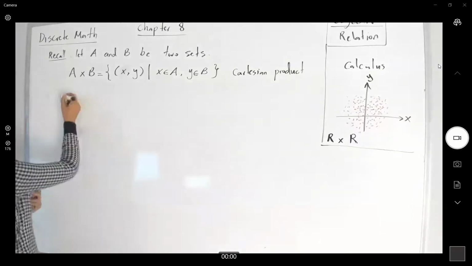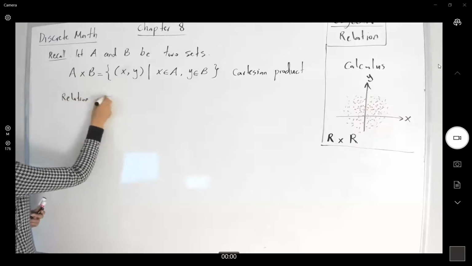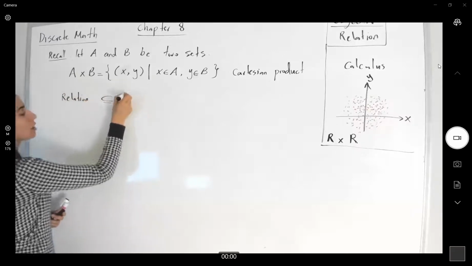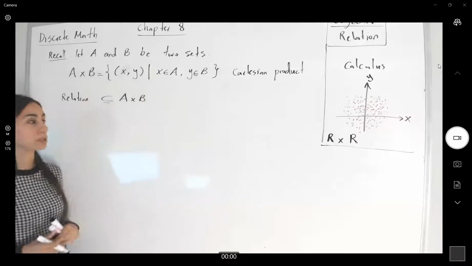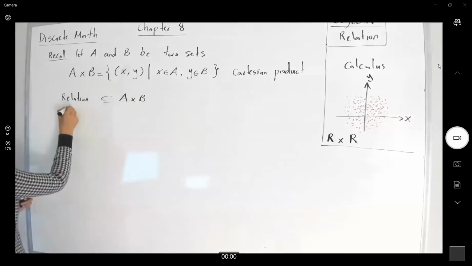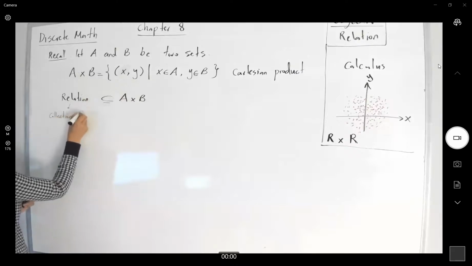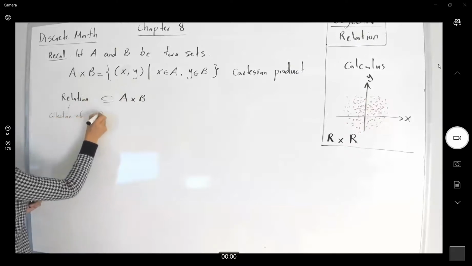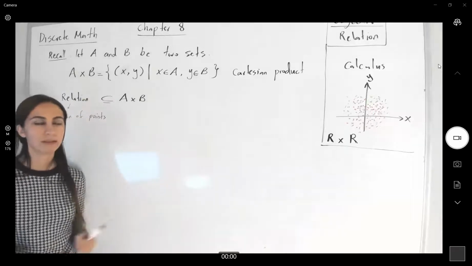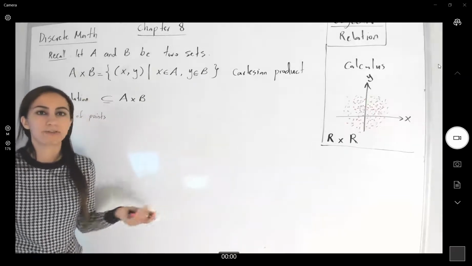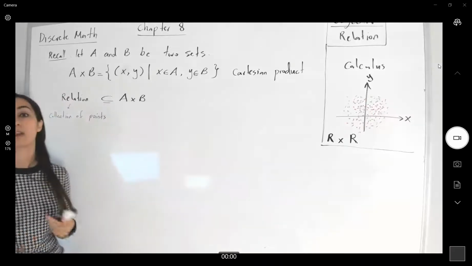So we said that a relation is a subset of the Cartesian product between A and B, a collection of points. Sometimes this collection is meaningful. Other times we cannot follow anything or grasp anything out of that relation.